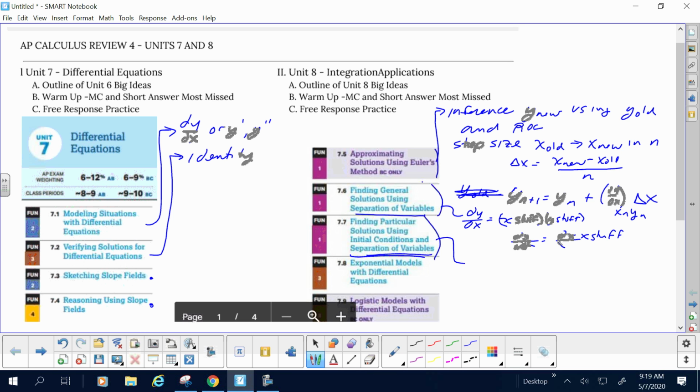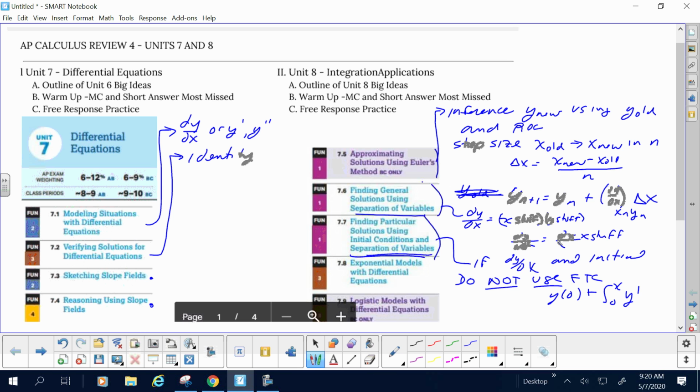Now, you guys are awesome with the fundamental theorem, but if you are given a differential equation and an initial condition, do not use the fundamental theorem, which is to say, do not do y initial plus this kind of deal.